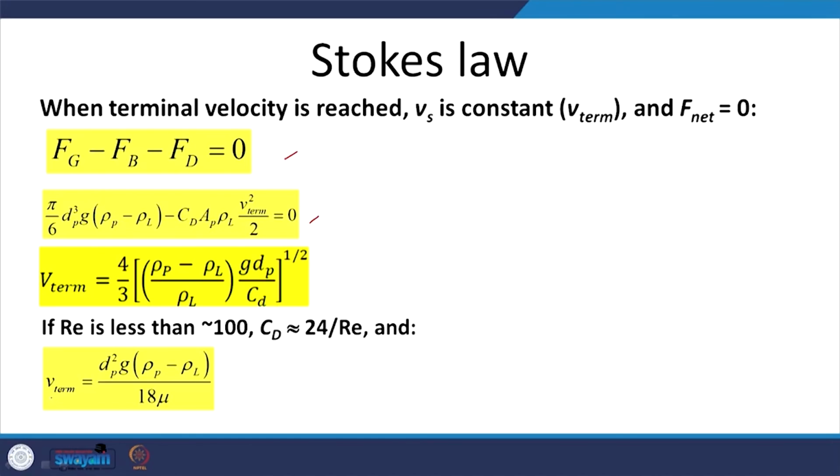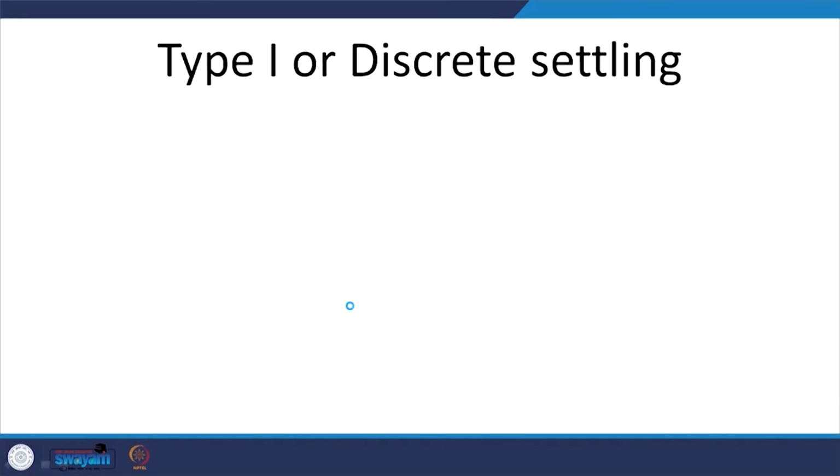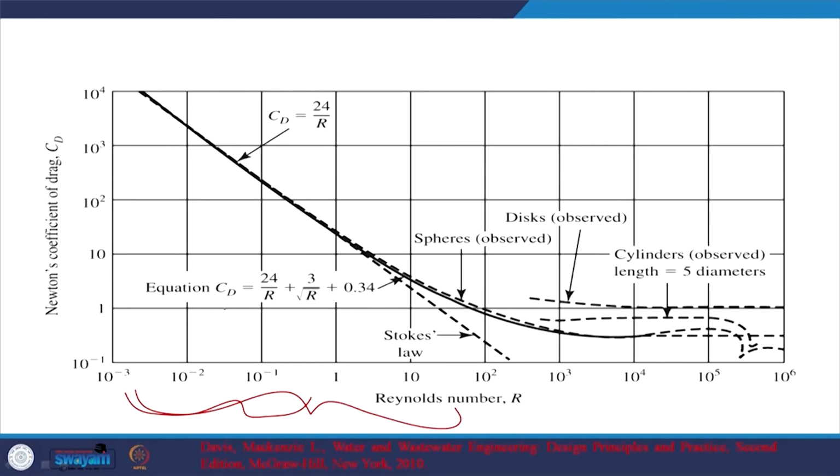And for terminal velocity, this is the equation. Again, this is for spheres, and we are assuming that the conditions are laminar flow. That's why they are saying Reynolds number less than 1. And as you can see, coefficient of drag will also depend upon the relevant flow conditions. Let's move on.